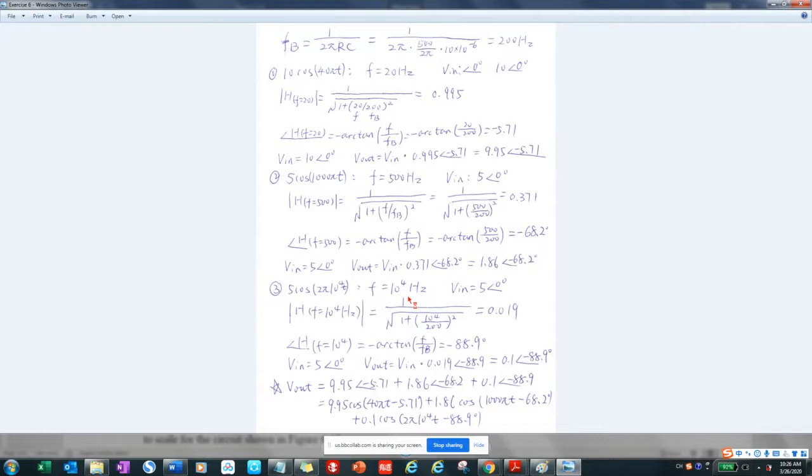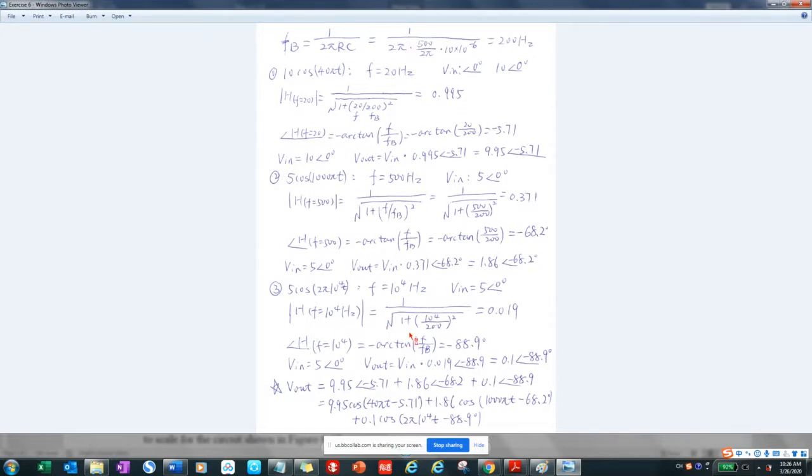So we can predict that the magnitude for this component will be very small after the transfer function, and the magnitude for the transfer function will be very small. We use 5 to represent the input. Let's look at the magnitude if our frequency is 10 to the power of 4.